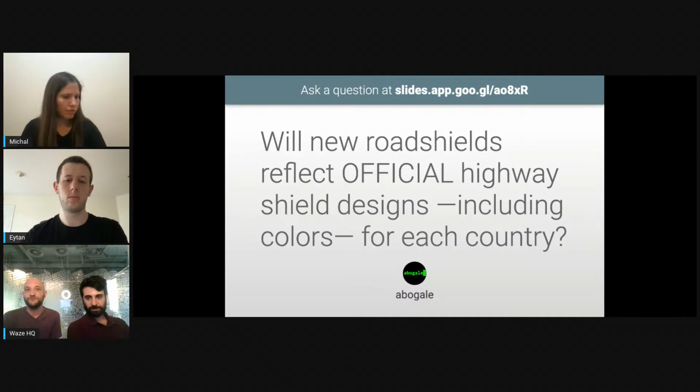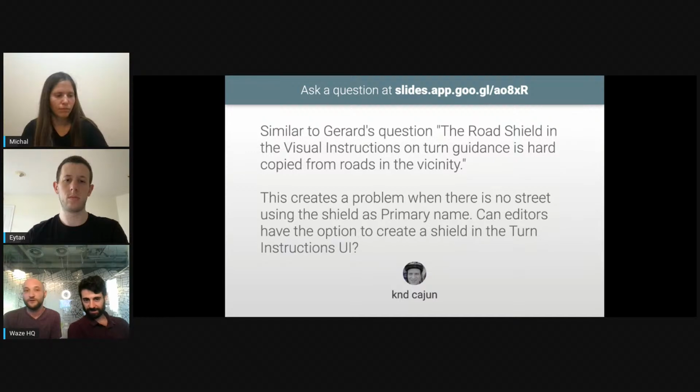All right, we're just going to take a couple more questions, maybe 2 or 3 more. So from Kincasion, similar to Gerard's question, the road shield in the visual instructions on turn guidance is hard copied from the roads in the vicinity. This creates a problem when there is no street using the shield as the primary name. Can editors have the option to create a shield in the turn instructions UI?